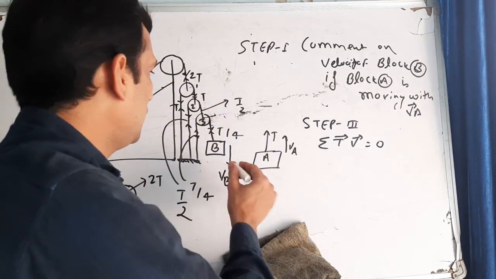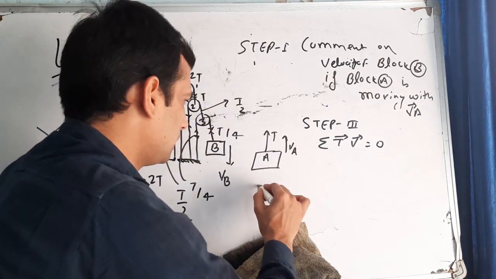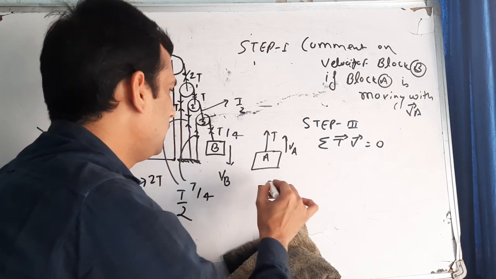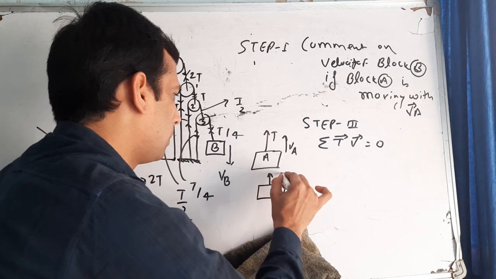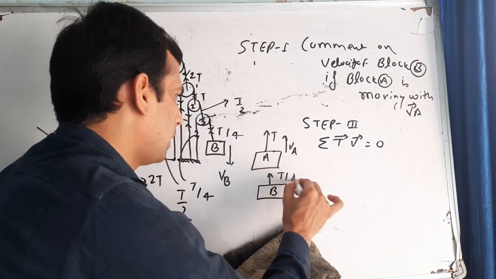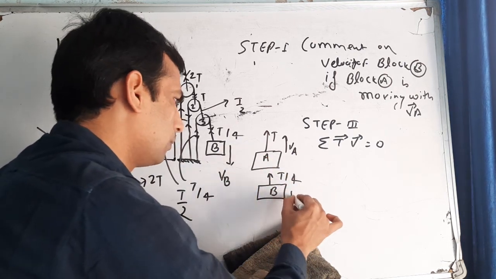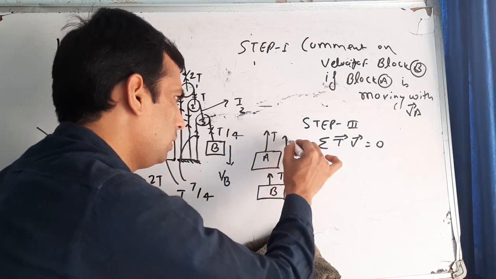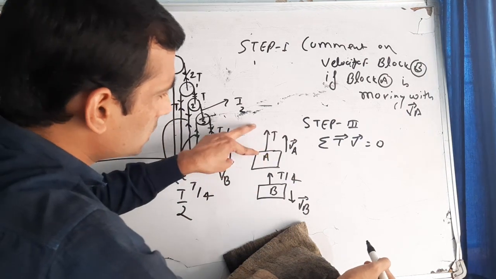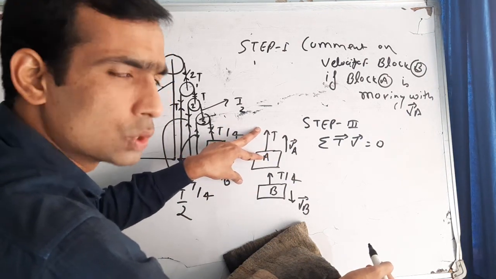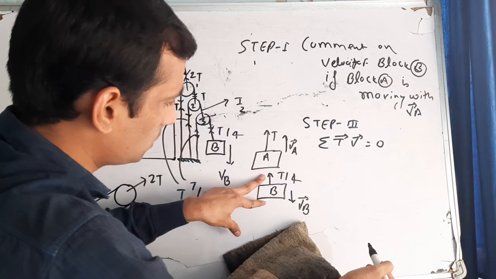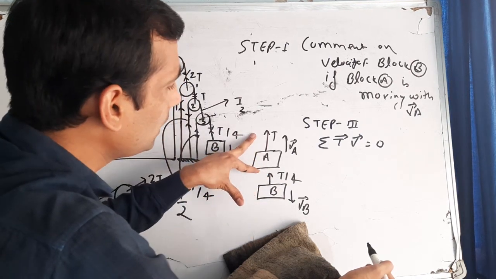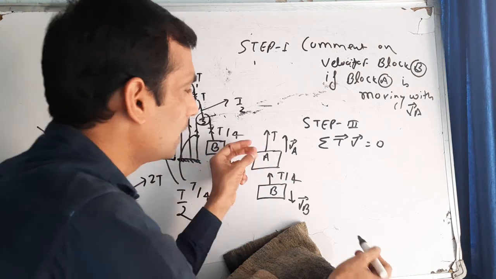Next, this is block B. Tension T by 4 is acting in the upward direction, and it is moving in the downward direction with velocity VB. For block A, the directions are similar, so the angle is 0 degree, and for block B they are opposite, so the angle is 180 degree, right student?